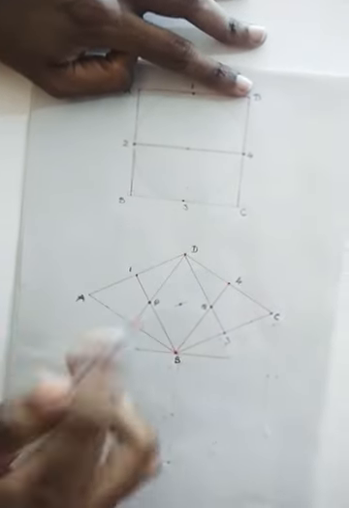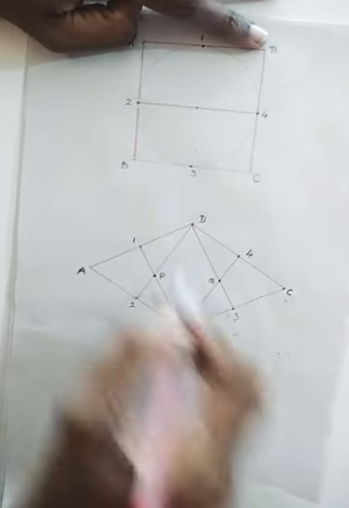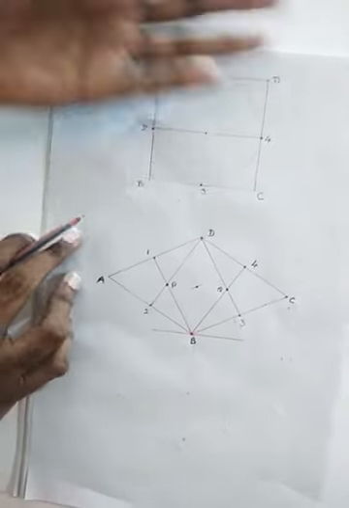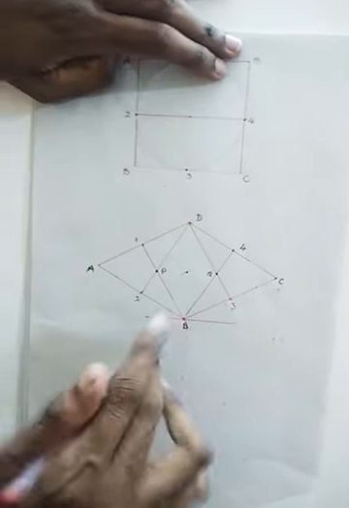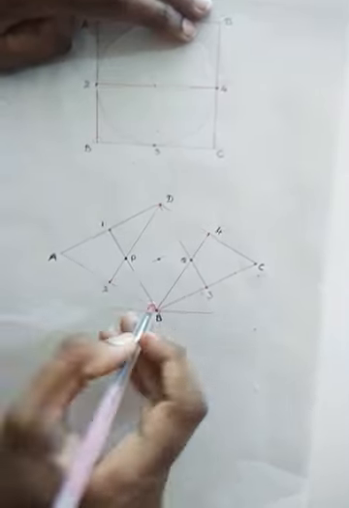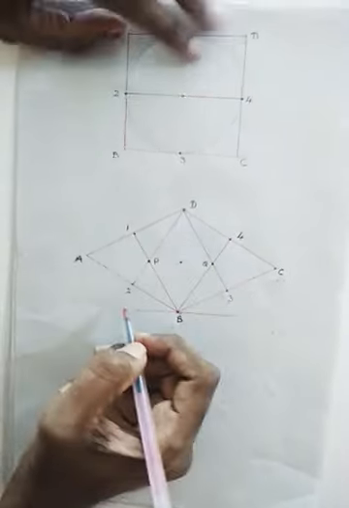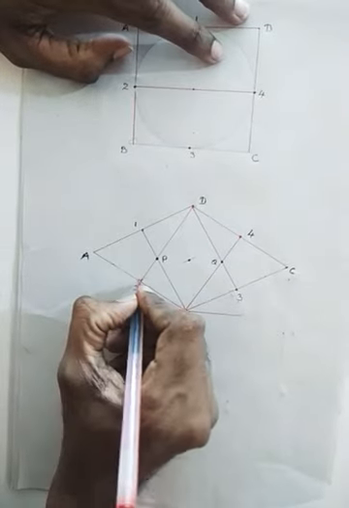Now the steps are: first you join 2 and 3 to its opposite corner D, and then join 1 and 4 to its opposite corner B. Now, look at the steps. First, I will be taking D as center and D2 as radius in my compass, and drawing an arc.